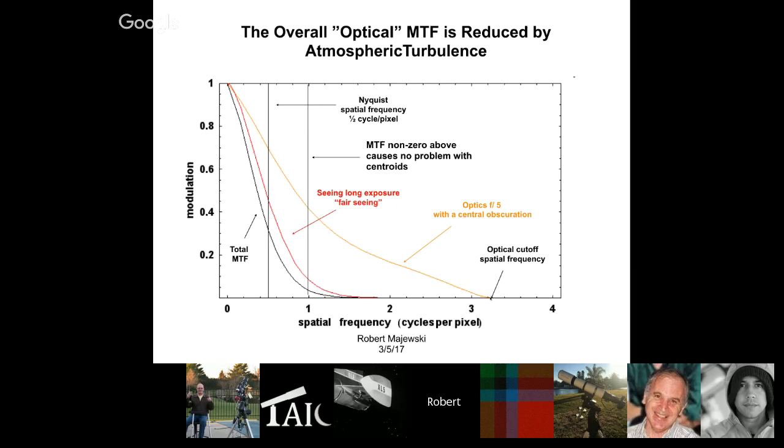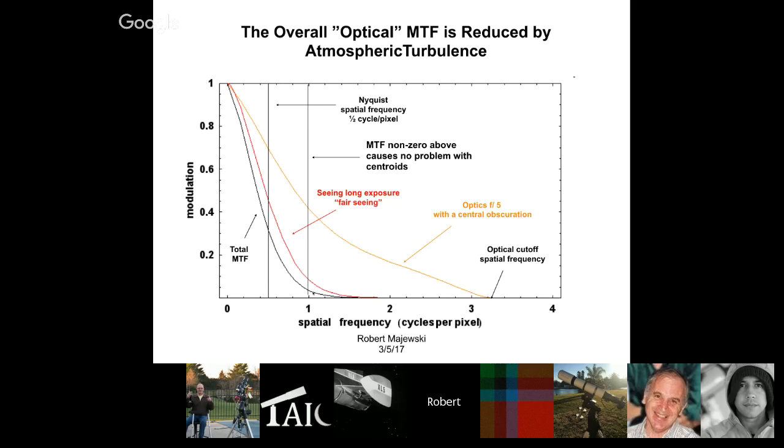So you might look at that and say, oh my goodness, that's terrible, you could be aliasing like crazy. And the answer is, yeah, you would if it wasn't for atmospheric turbulence. Even in a fair-seeing situation, the MTF of the turbulence is really more like this red line. So the total is really the product of these two.